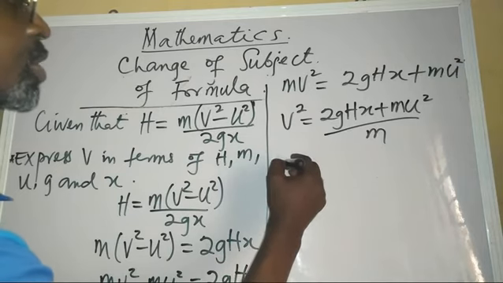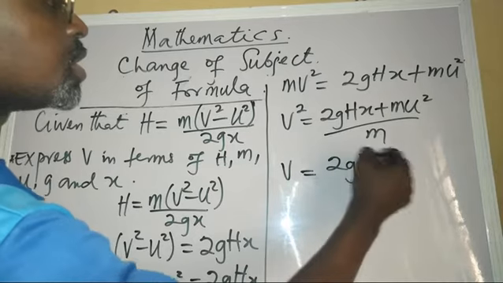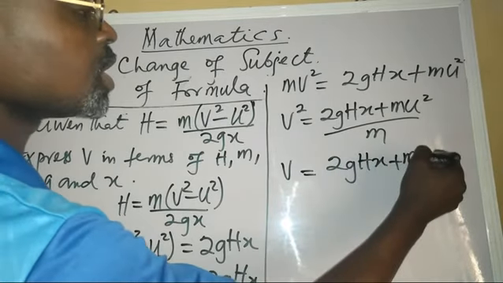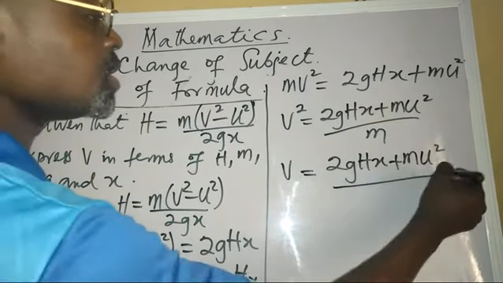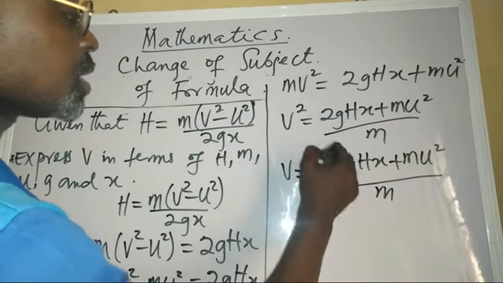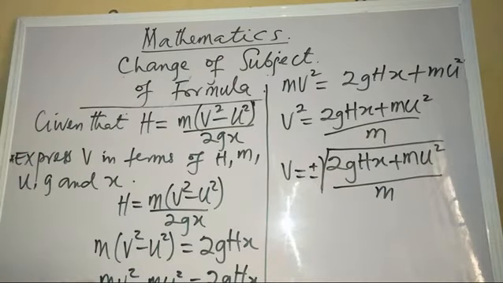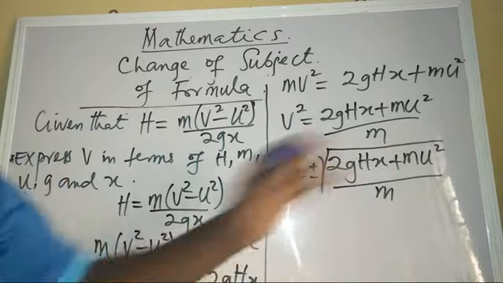Take the square root of both sides. v will now be the square root of 2gx plus mu squared divided by m. Please don't forget, plus or minus square root. I told you, whenever you are taking the square root by yourself, you put plus or minus.